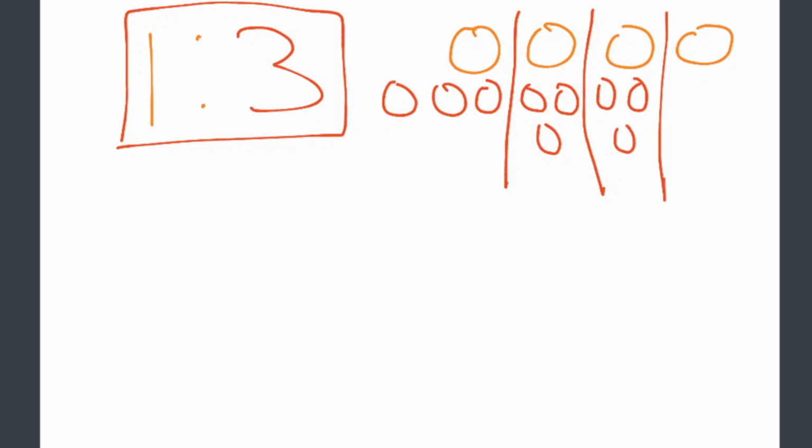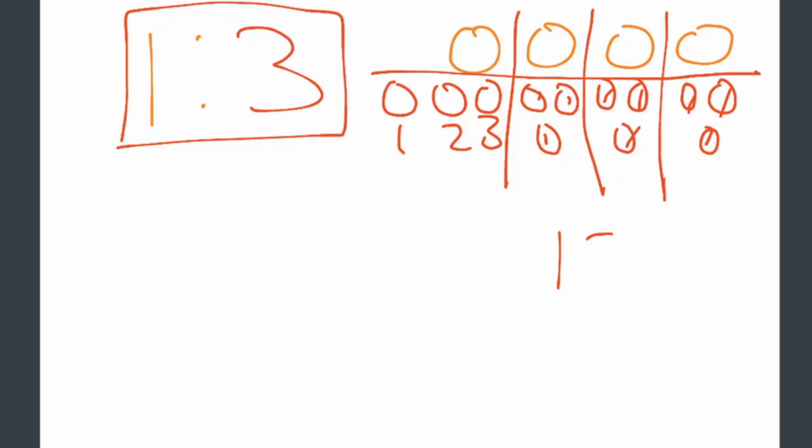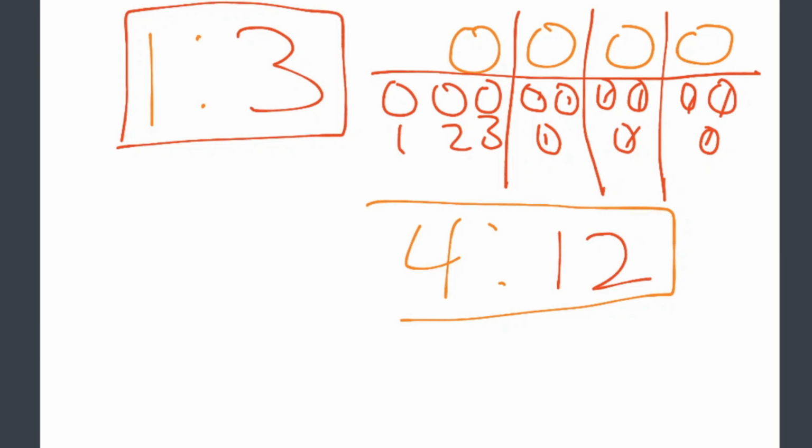And then for these ones too. Then we can add up all the apples, and we get 12. So if we had 4 oranges, that means there would be 12 apples. That's another way you can use ratios. And these ratios also match, because 4 divided by 4 is 1, and 12 divided by 4 is 3. So it can be simplified.